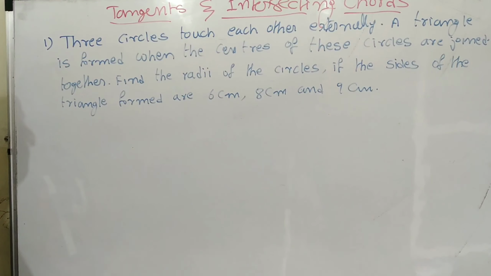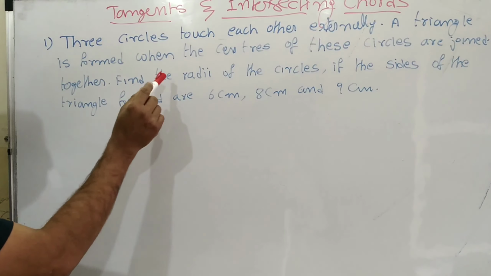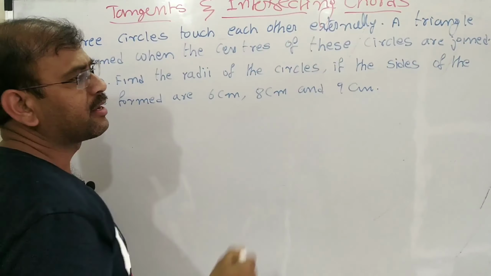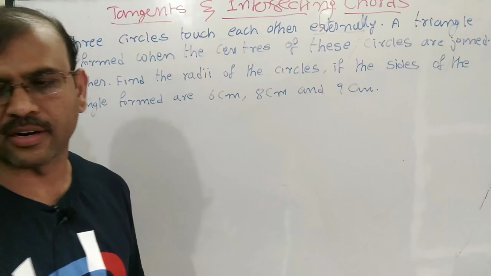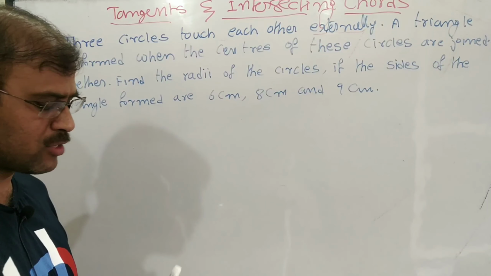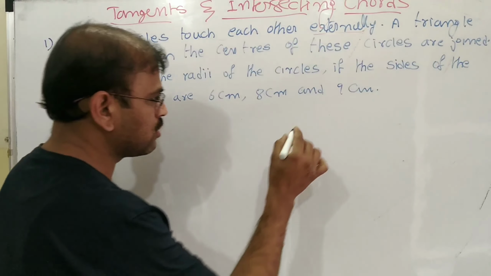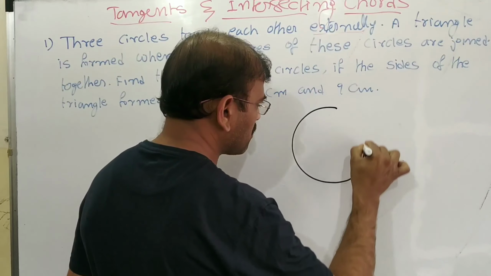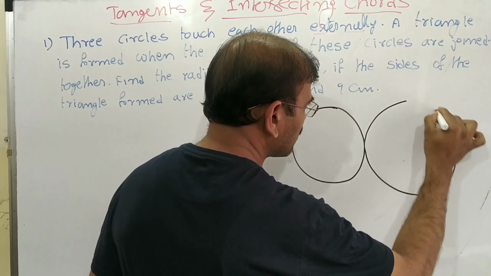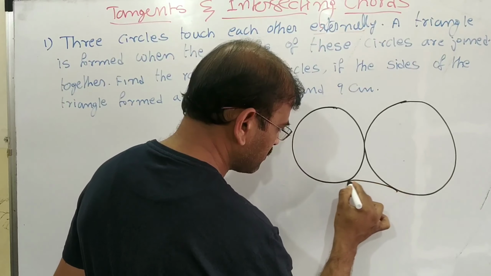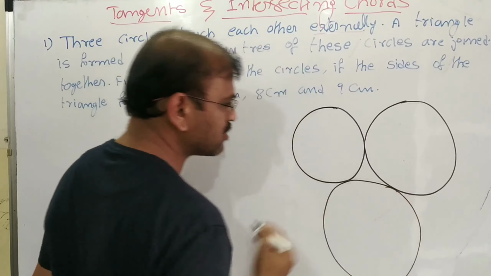Now look at here. 3 circles touch each other externally. So now one by one I will show you in the form of a diagram also. First circle, second circle, third circle.